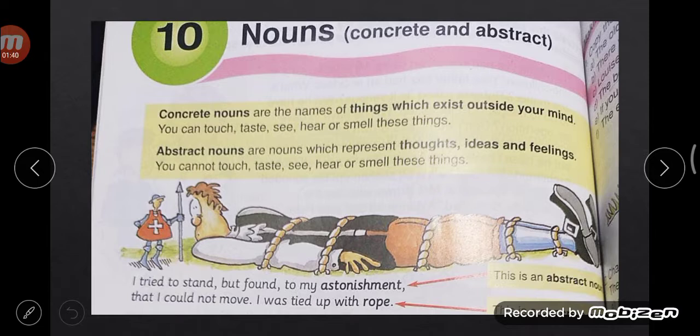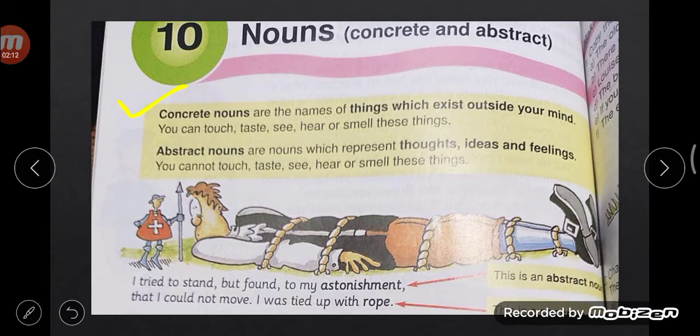Nouns are naming words, but concrete nouns are the names of things which exist outside your mind, meaning the things we can see. Basically, all the things we can see, touch, taste, hear, or smell are called concrete things or concrete nouns.